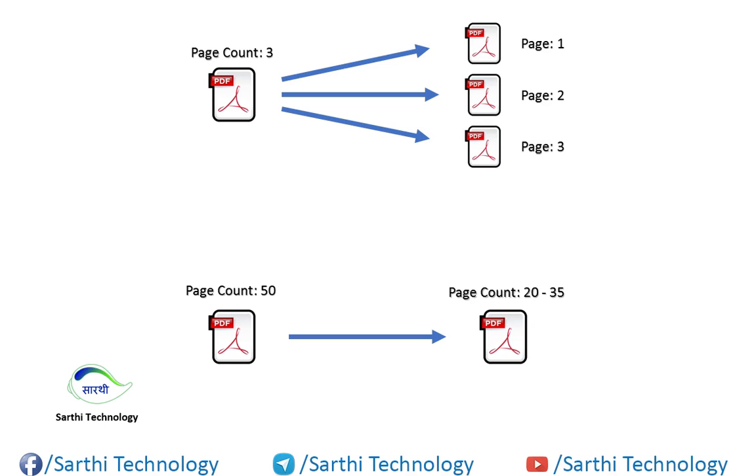For example, we want to extract a page range from 20 to 35 and make the PDF of these pages. So there are two scenarios. In this video we will learn how to do the first, and in the next video we will learn how to do the second. So let's move to the IntelliJ IDEA for the practical.